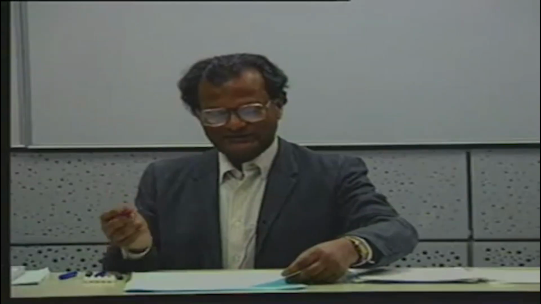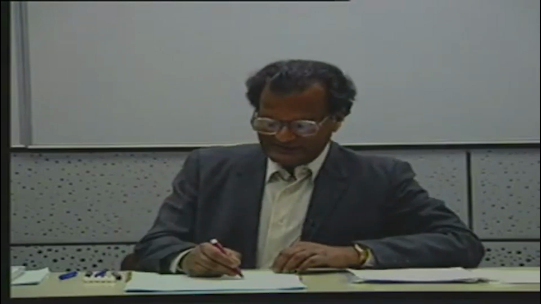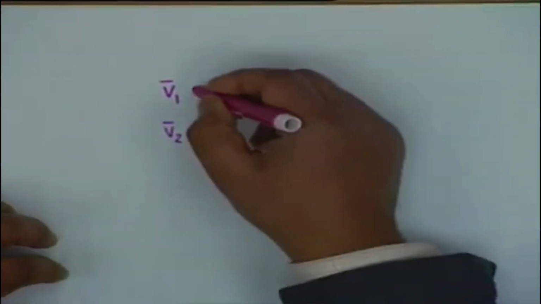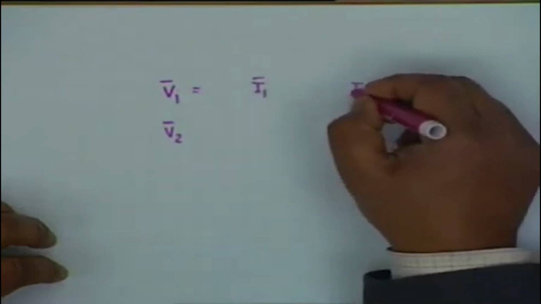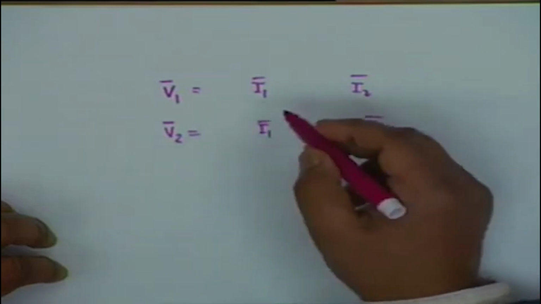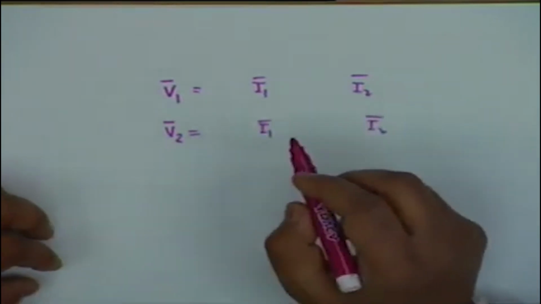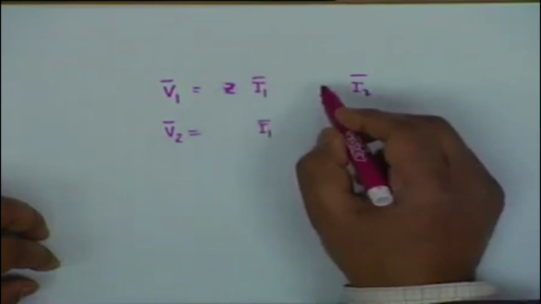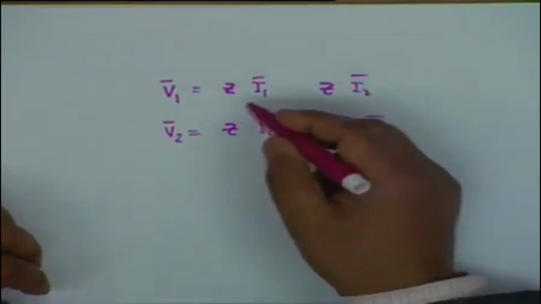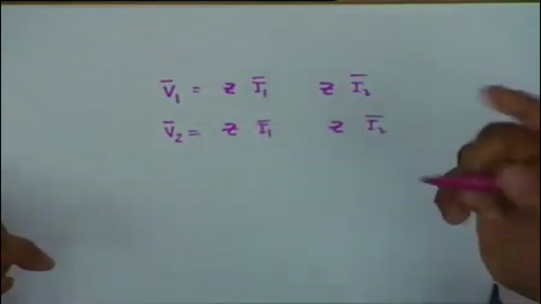So if we take the first set of relationships where I1 and I2 are independent variables and V1 and V2 are dependent variables, then the voltage phasors V1 and V2 can be written in terms of I1 and I2, and the coefficients are impedances. So we shall have Z, Z, Z, Z. We must now distinguish between the 4 Z's.